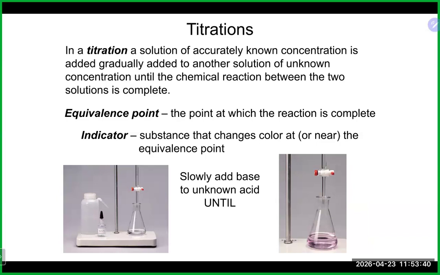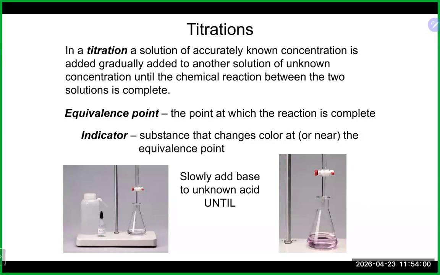All right, so we're going to do titrations, and titration is the process where, typically speaking, we have one solution we know everything about, a known solution. We know the molarity or the concentration of it, and we know how much we use of it. And then we usually have some type of unknown solution where maybe we don't know the molarity of it, something about it we just don't know.